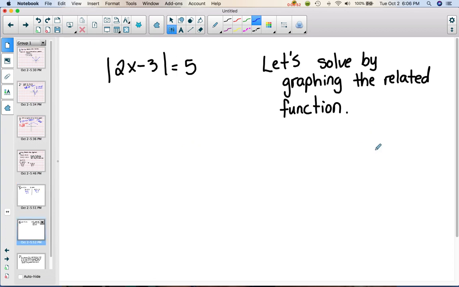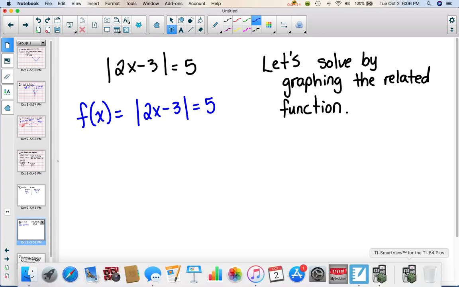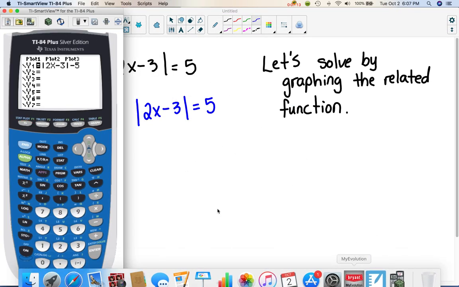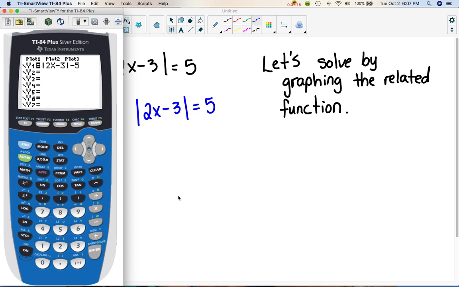So what if we graphed the related function? What would that look like? If I said f of x equals the absolute value of 2x minus 3, and I'm going to subtract the 5, so it equals the absolute value of 2x minus 3 minus 5. And if we actually graphed that, let's do that on our calculator. I already have it there.